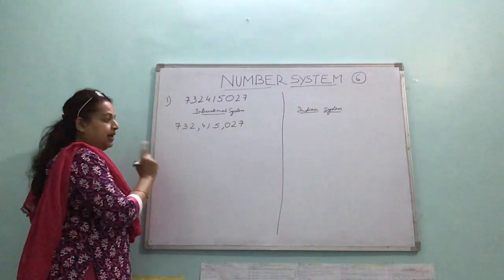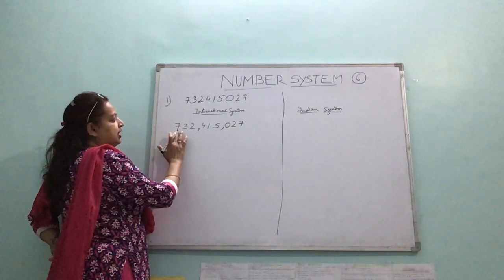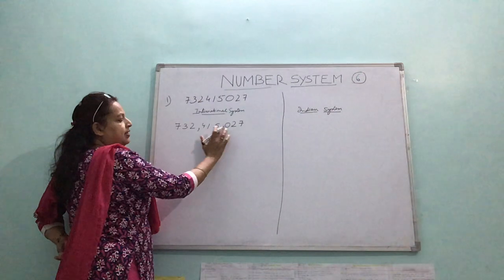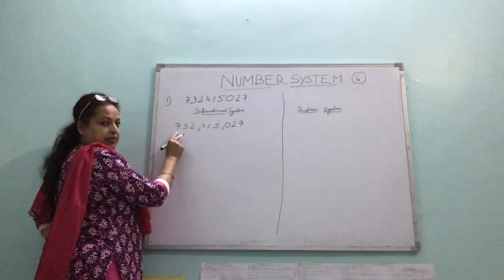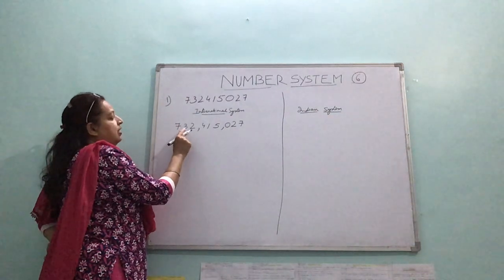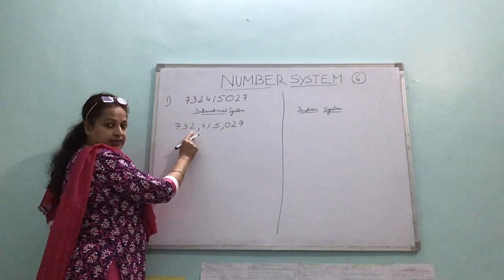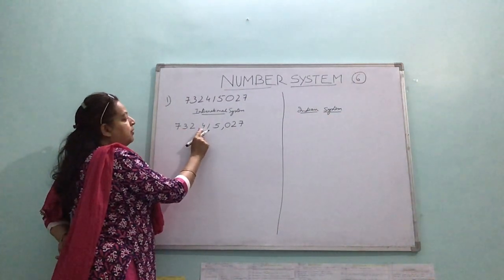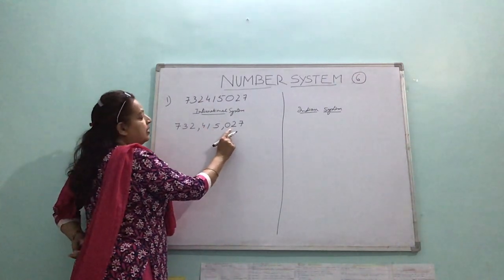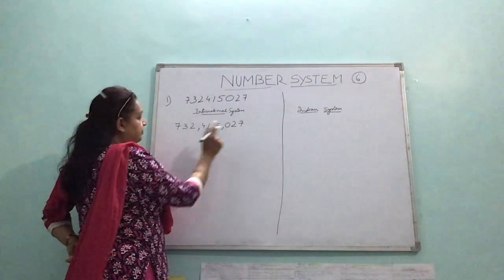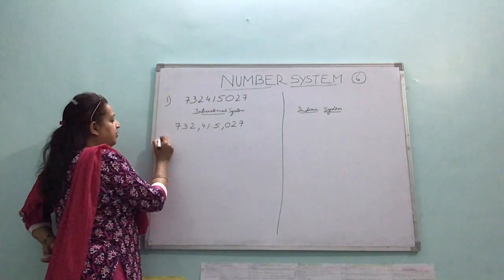And the number name in the international system: so now see, this is ones, tens, hundreds, thousands, 10,000, 100,000, million, 10 million, 100 million: 732 million, 415,000, 27.